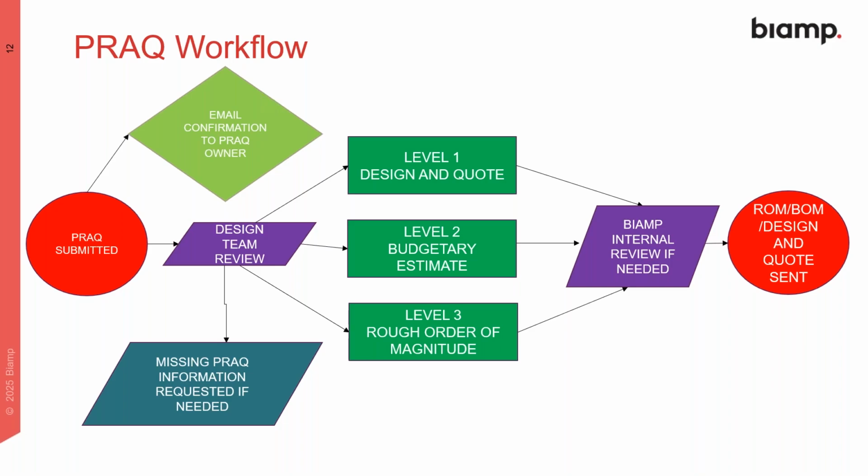We just know that they're looking for something you guys can offer, and we just want to start the conversation. Great. Level 3, we do less than 5% of the time. It's normally a pricing exercise. We call it a rough order of magnitude on this side of the equation.